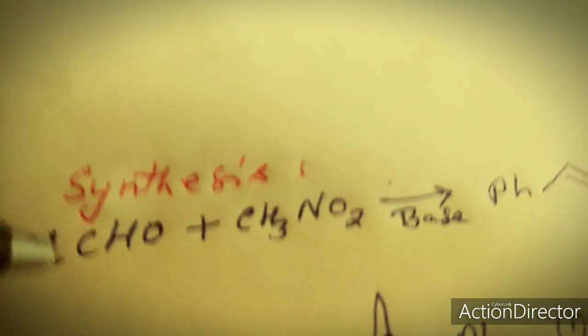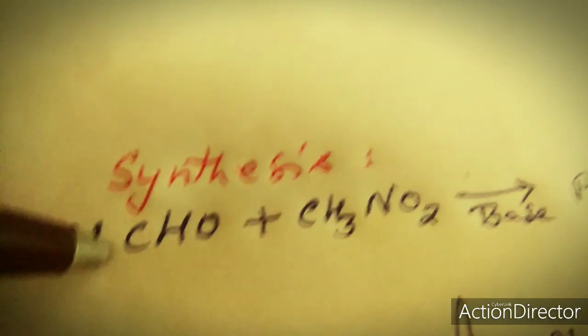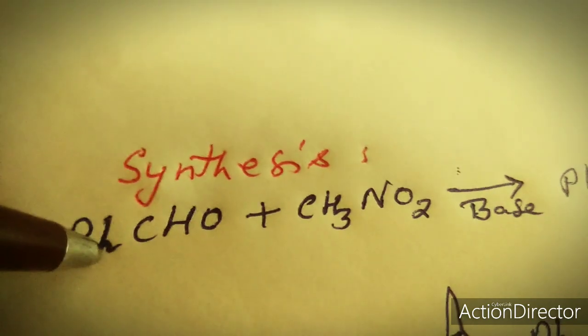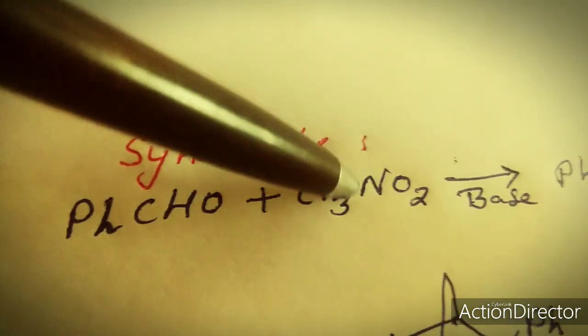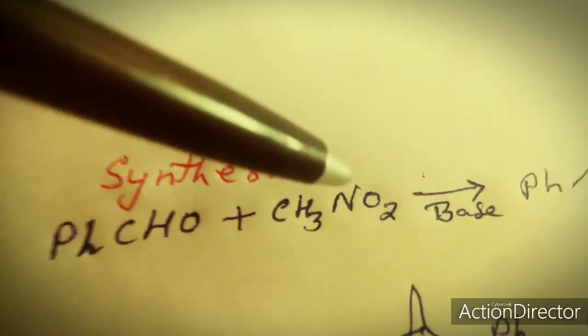Now let's start with the synthesis. What we disconnected last will be the first step. So this is C6H5CHO plus CH3NO2 in the presence of a base.